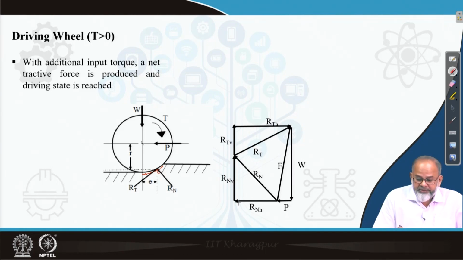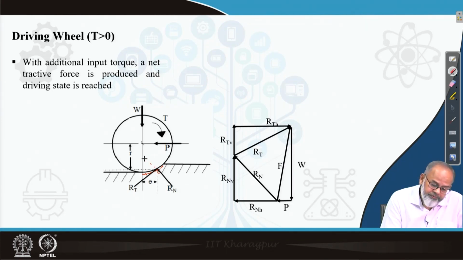So the resultant of RT and Rn, which I have indicated as F, and where the Rn will act, because here the torque is acting. To balance this torque, the Rn should act at a point so that if I extend this line, it is not passing through the center.